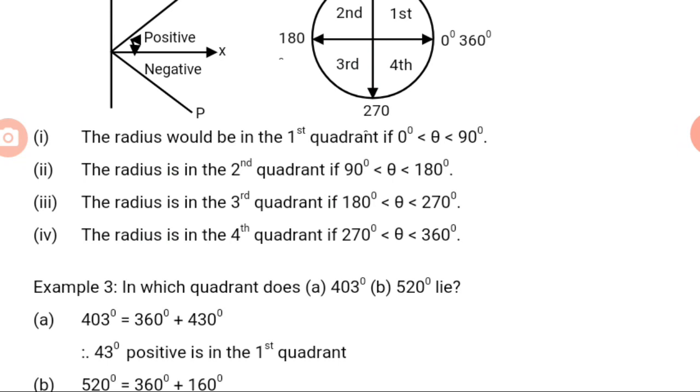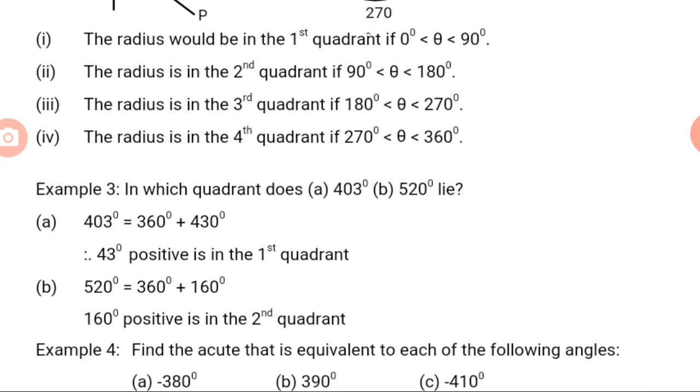So it's 43 degrees, not 430 degrees. Is that clear? Therefore, 43 degrees is positive in the first quadrant.